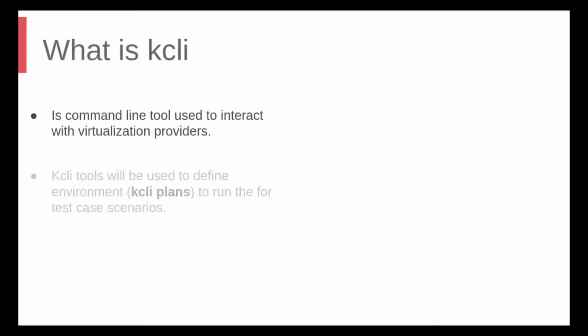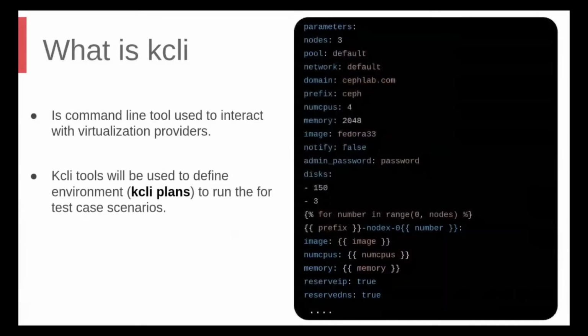One of the main tools for this integration framework will be KCLI. KCLI enables us to create virtual machines in a few seconds using CMD commands and get them up and running in a few minutes as well. We can define the environment we want to run specific test scenarios in, defining it in the feature, and we use behave to parse these specifications and create the environment using KCLI plans.